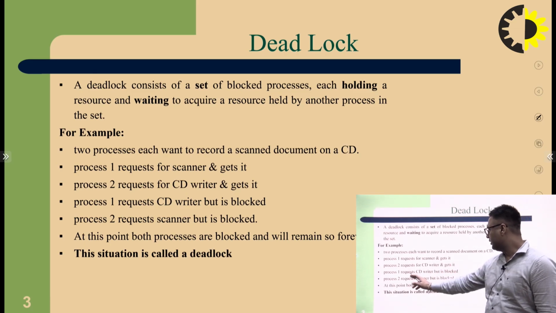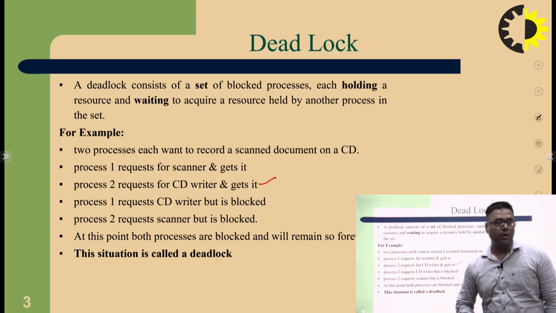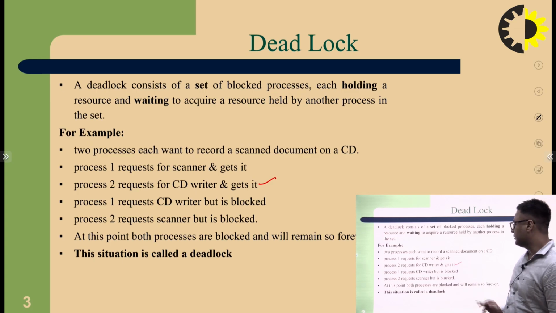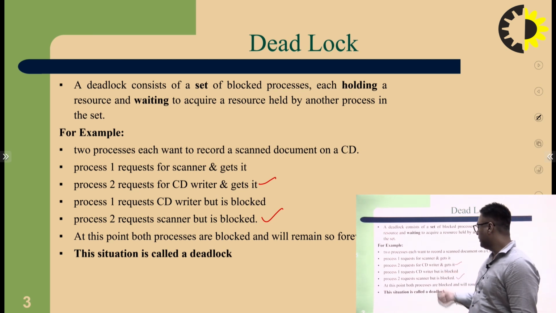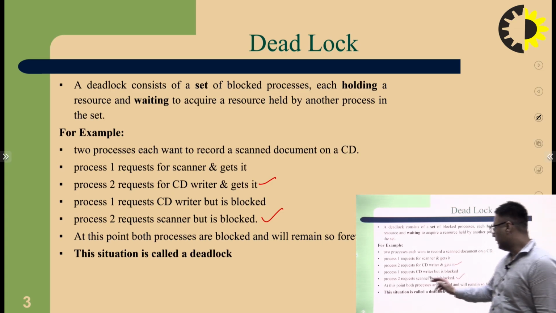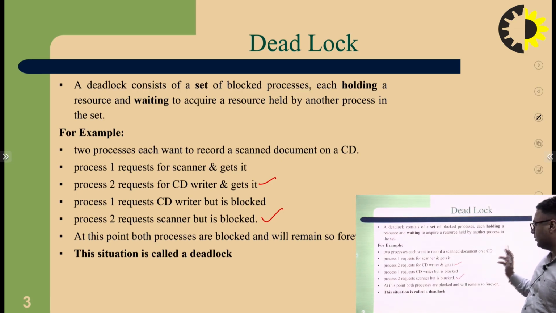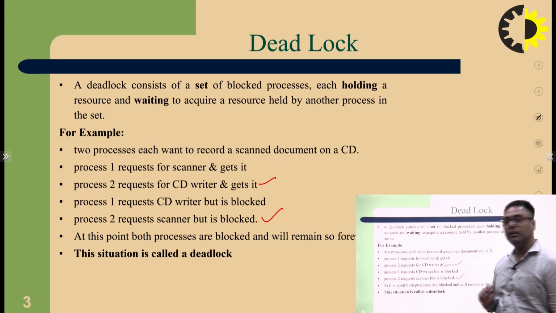But process one requests the CD writer, and process two already holds that resource, and process two requests the scanner but is blocked. That means both hold one resource but require another resource, which is held by the other process. At this point, both processes are blocked forever. This situation is called a deadlock.